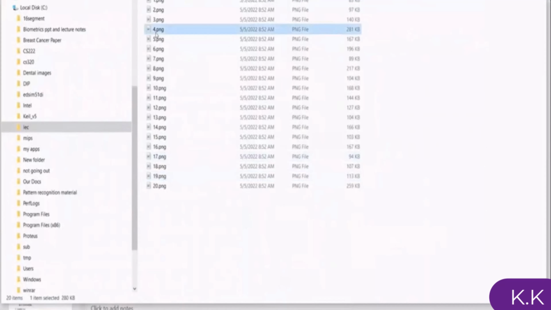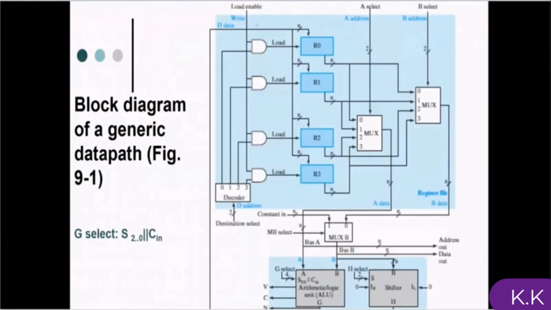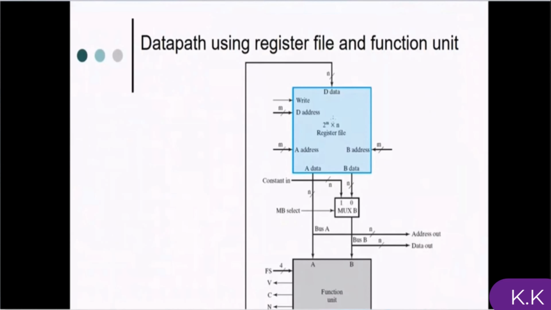And according to the signal load or write. This is their signal, write. Let me show you right here. This is the write signal. Load enable. It's known as write. So load enable and this destination selector select which one should accept and write the data. Here. This is the data that should be written in one of them.